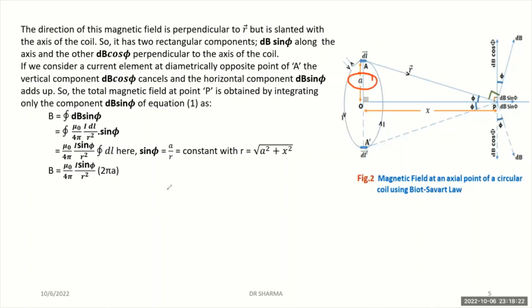In the previous case we supposed the radius to be r because the line joining source point and field point was the radius itself.